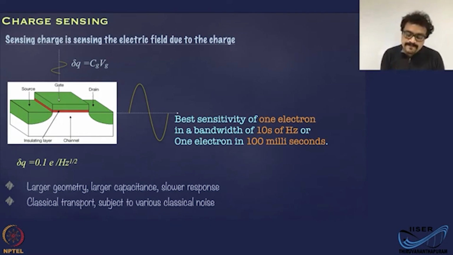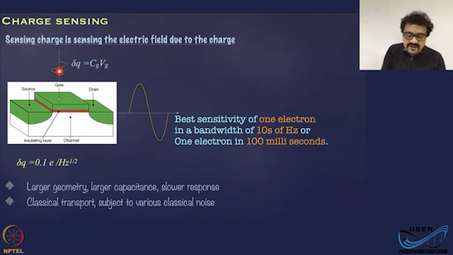So let us look at the classical charge sensing amplifiers that we encounter. They are basically field effect devices with this configuration, which we have discussed in the introductory session. The current through this system is a function of the gate voltage. To change the gate voltage, you are actually changing the gate charge. Whenever you change a small amount of gate charge, that is reflected as a change in the current through the system.